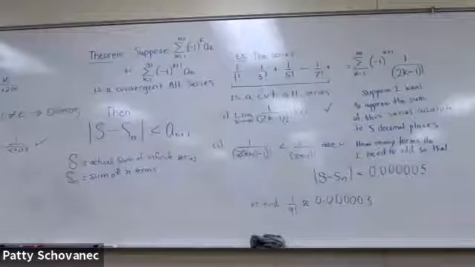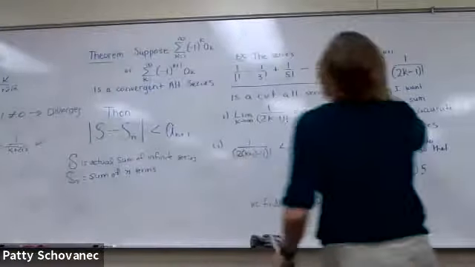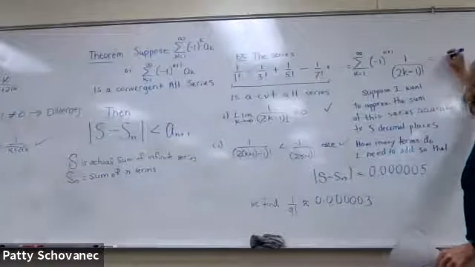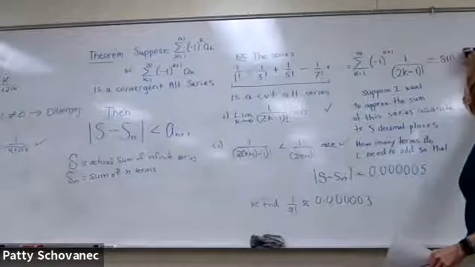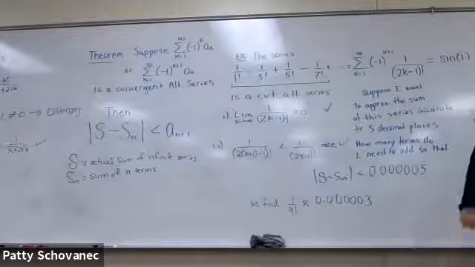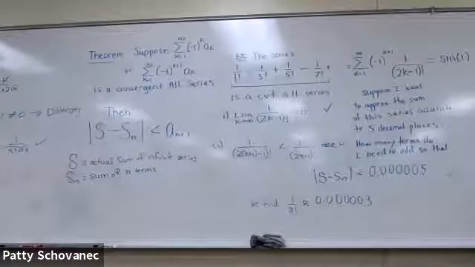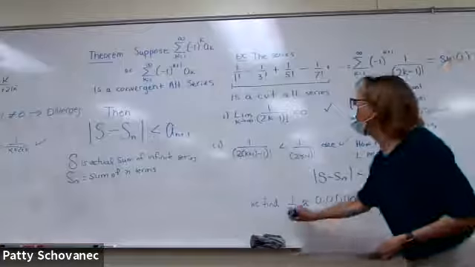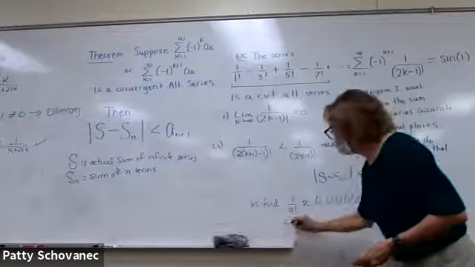And what you're going to find out at the end of this chapter is that this series is exactly equal to the value of the sine of 1 radian. And so this was S5.